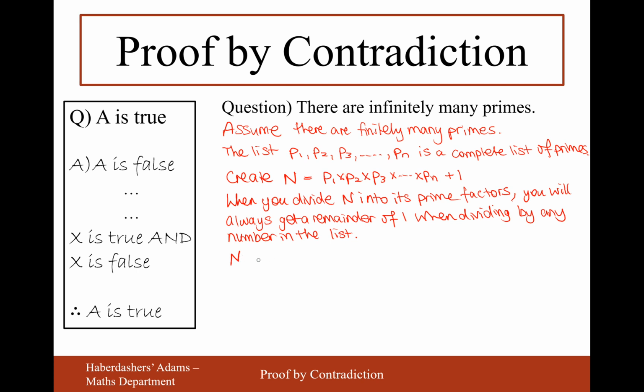So therefore, n is either prime itself, or n could divide by a different prime number that's not in this list.